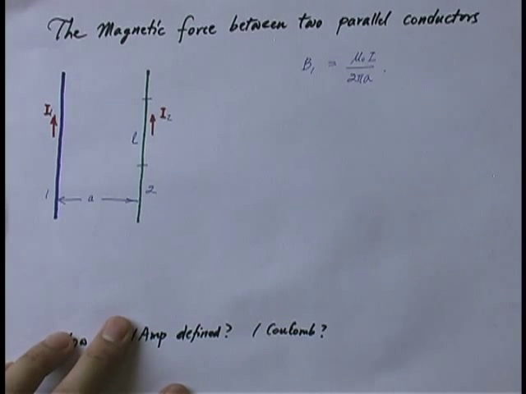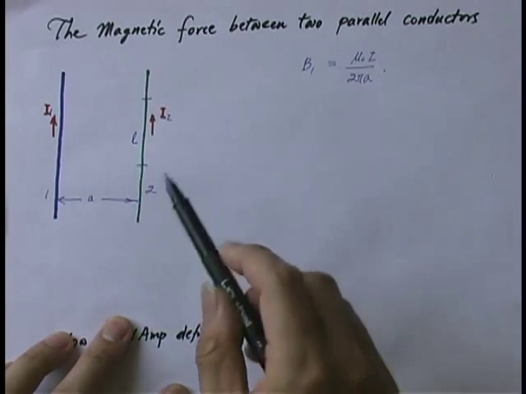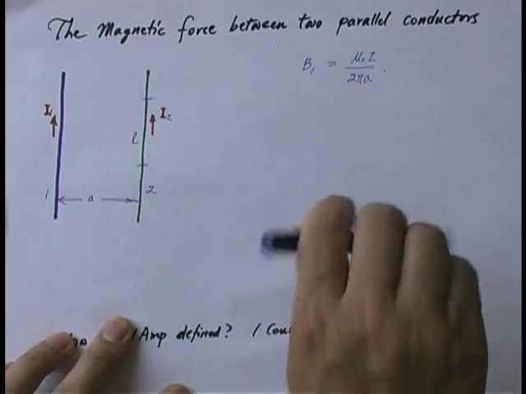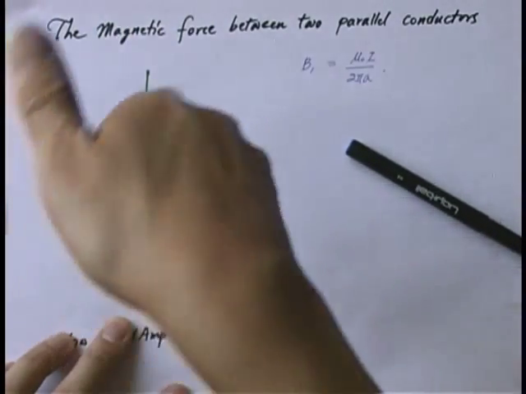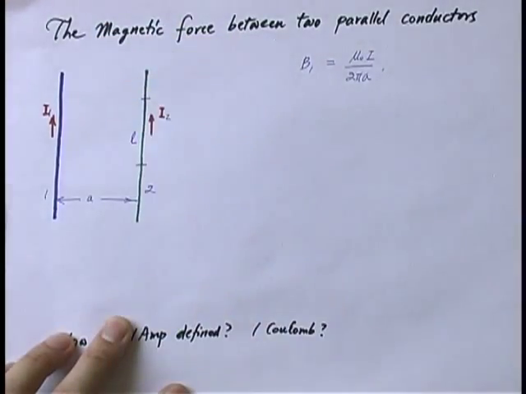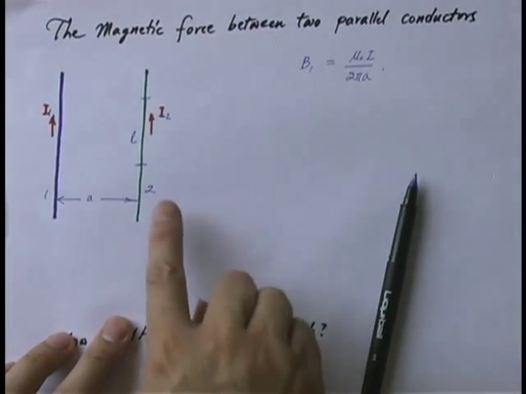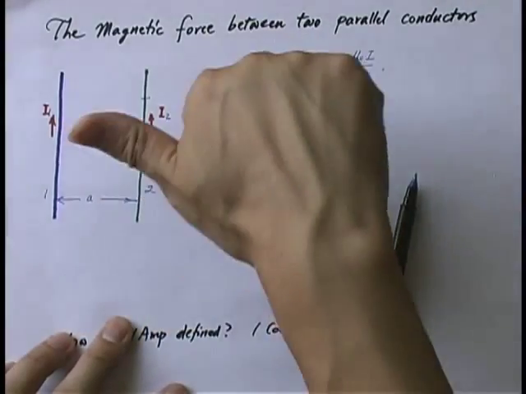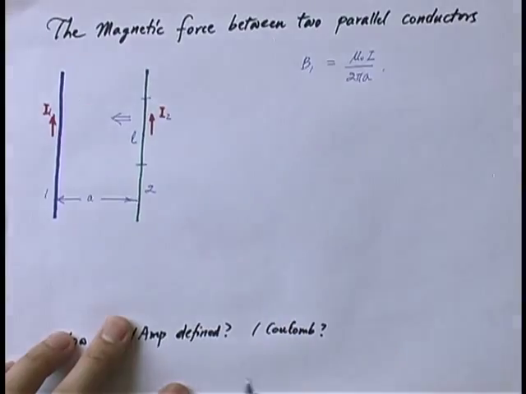It's I L cross B. L is the vector from here to there, cross B. But in our case, L points this way, and B, using the right-hand rule, points inward, right? So I and B are perpendicular to each other. So the direction of the magnetic force, L cross B, is like that. And secondly, the angle between L and B is 90 degrees.